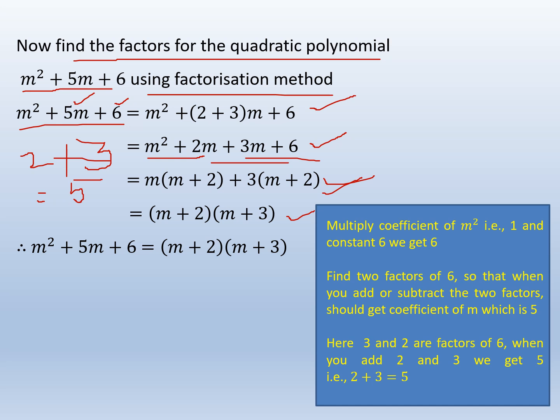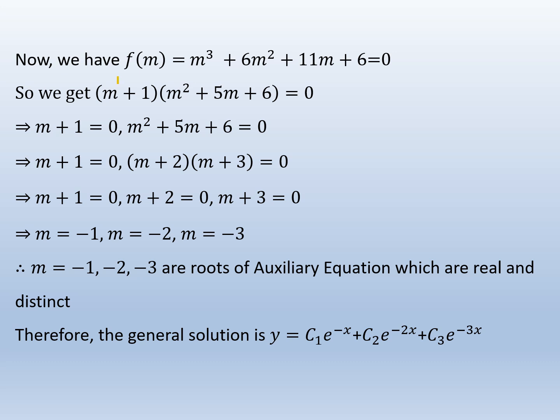Therefore, m square plus 5 times m plus 6 is equal to (m plus 2) into (m plus 3). Thus, the polynomial m square plus 5 times m plus 6 has factorization (m plus 2) into (m plus 3) by the factorization method. Now we have the auxiliary equation f of m is equal to 0.